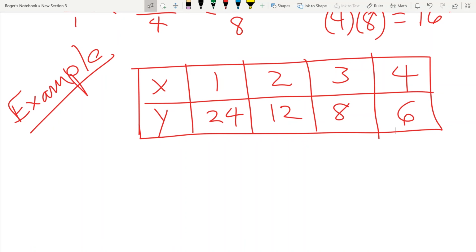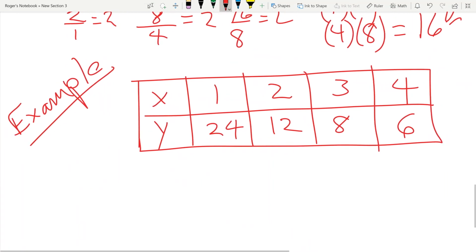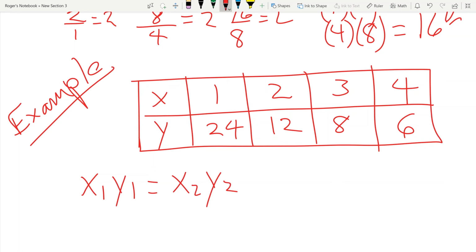Is it inverse? If it's inverse variation, the question is, does x1 times y1 equal x2 times y2 equal x3 times y3 equal x4 times y4, etc.? Is this going to be true?